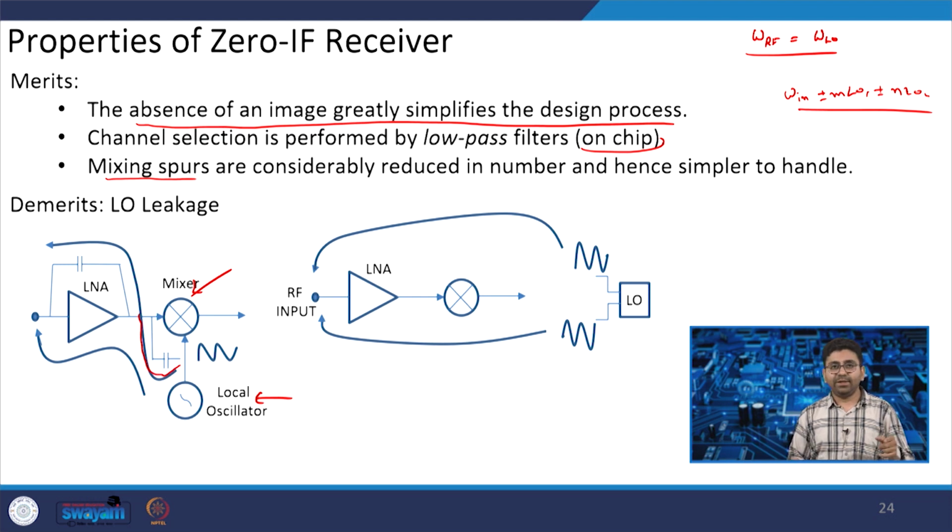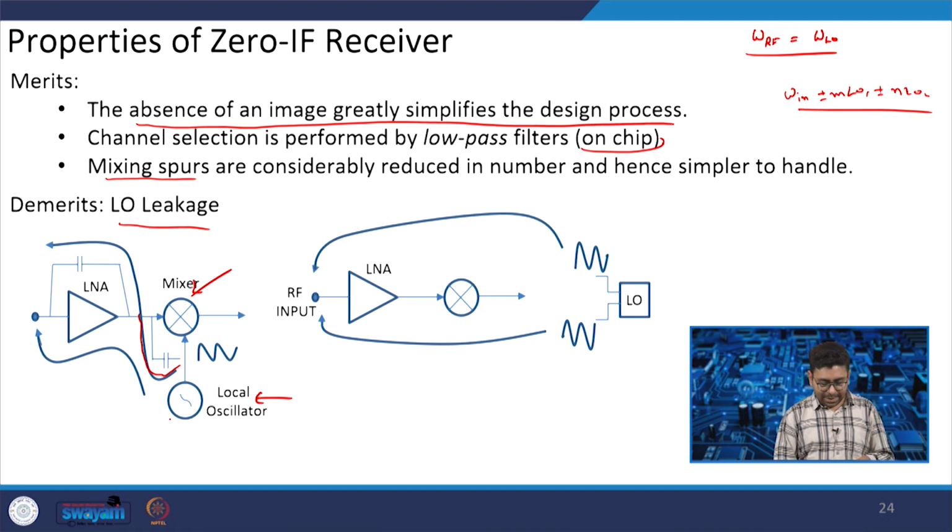Again, if low noise amplifier isolation is not sufficient, meaning S12 is not sufficient enough, then the signal will again go back to the antenna.